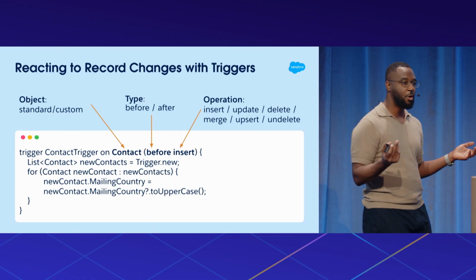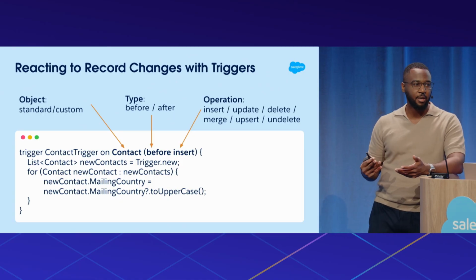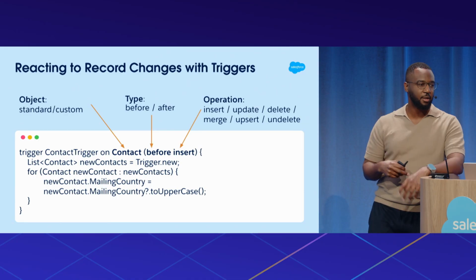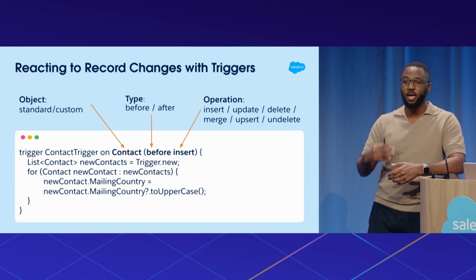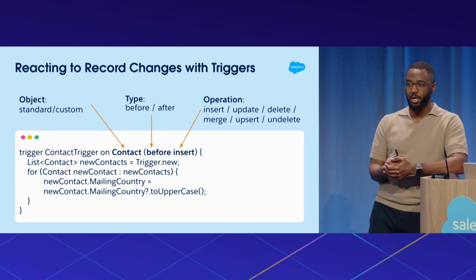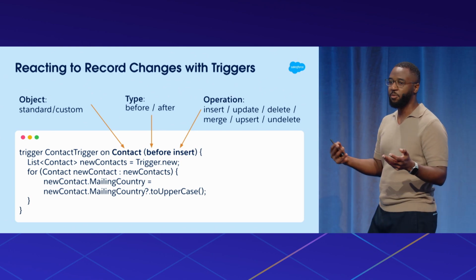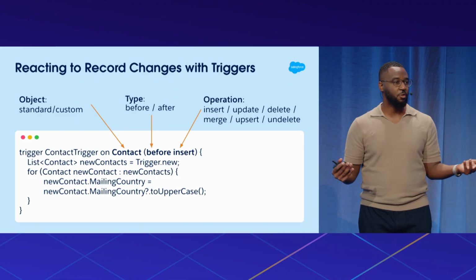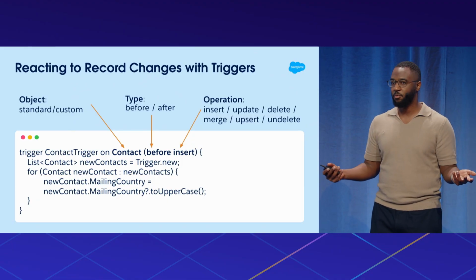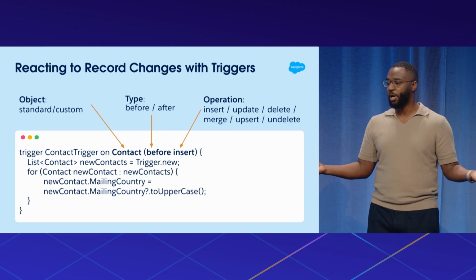Another thing that you'll want to do, besides just creating data and updating data and deleting data and retrieving data, is reacting to state changes in the Salesforce platform, right? A really, really common use case is I want to do something when a record's been updated. Now, if you use a flow, you can use record-triggered flows. Well, Apex has the exact same thing, and it works the same way.